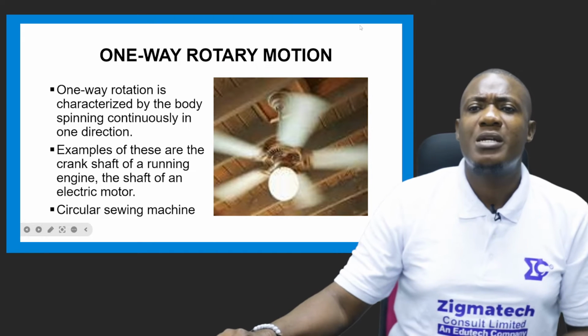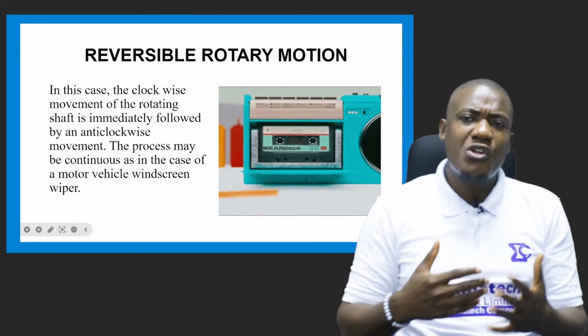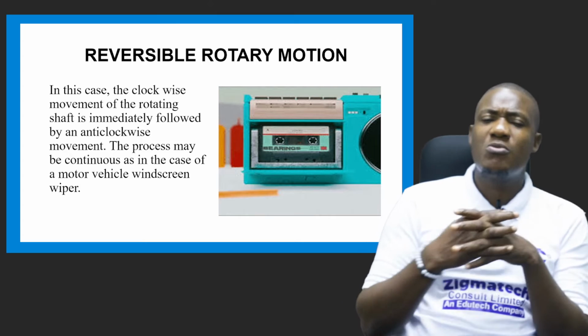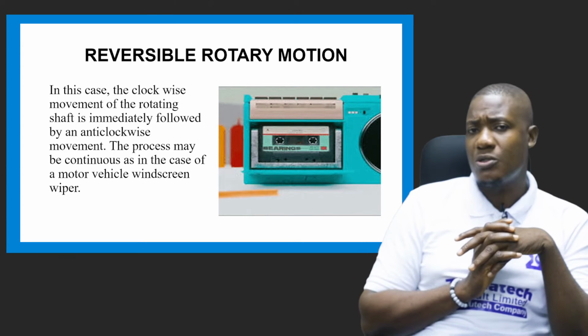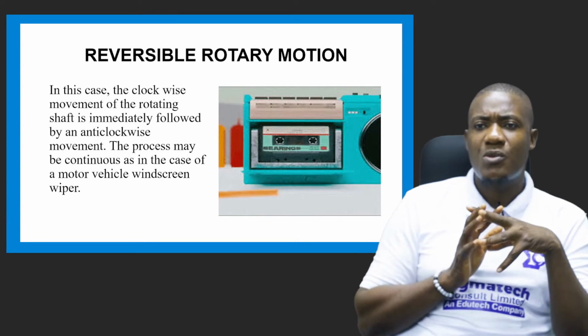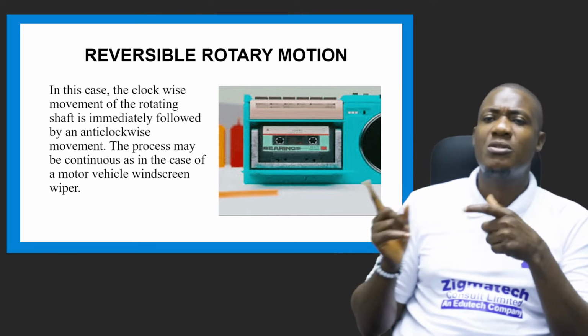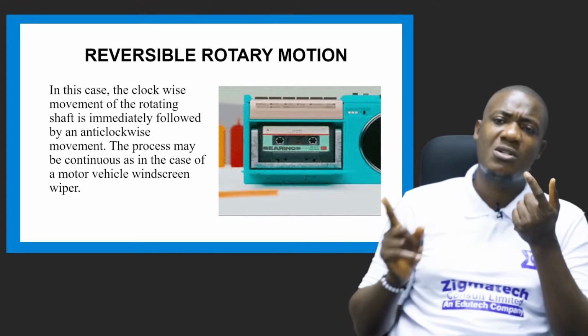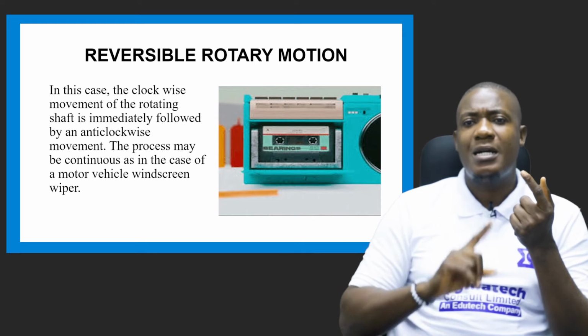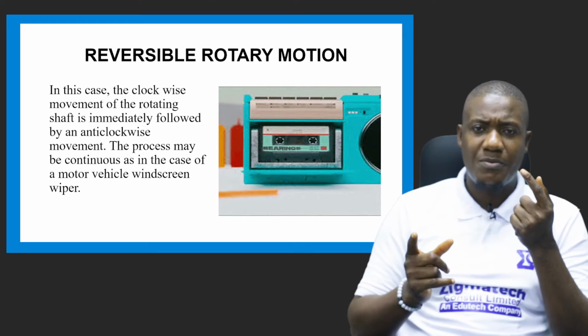Now we also have another type of rotary motion that we call reversible rotary motion. In this way, the body rotates in the clockwise direction, followed by an anti-clockwise movement.